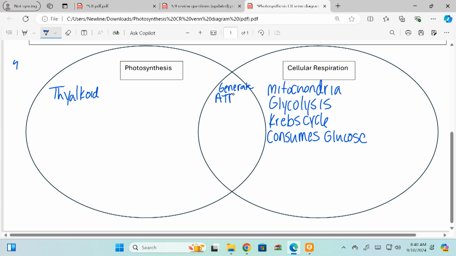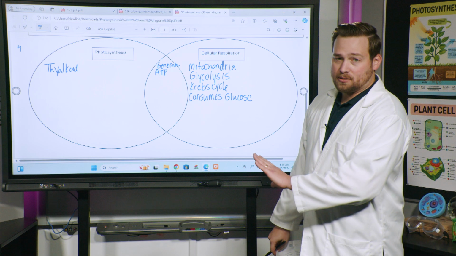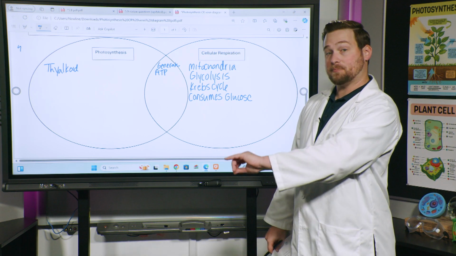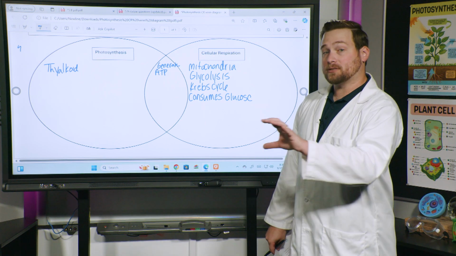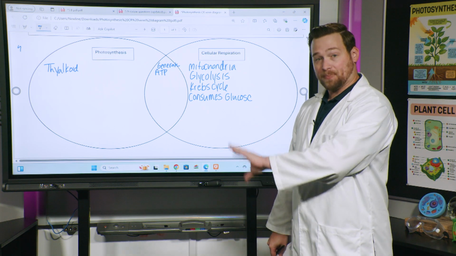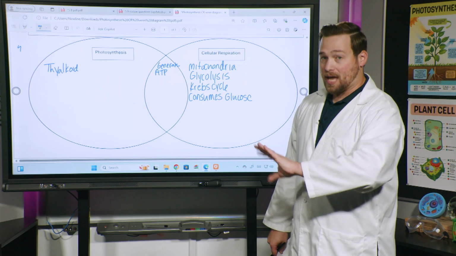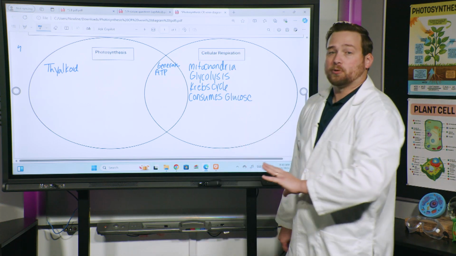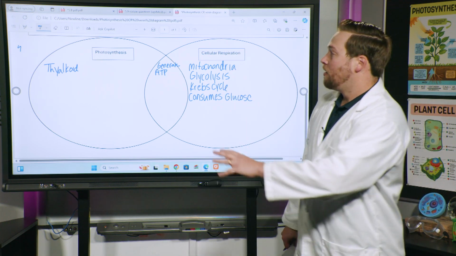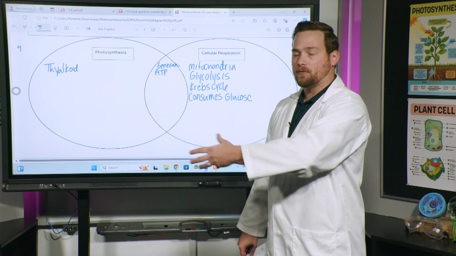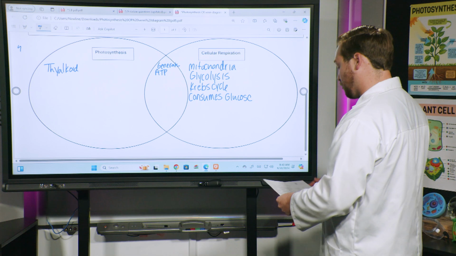You might remember that in the first part of photosynthesis, the light-dependent reactions, we do make some ATP. We make ATP and we make the NADPH. So they both make ATP. Cellular respiration just makes a lot more. Photosynthesis really just makes a little bit so that it can finish doing photosynthesis. But they do actually make a little bit of ATP.